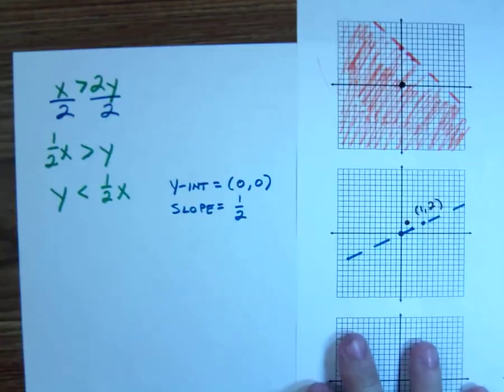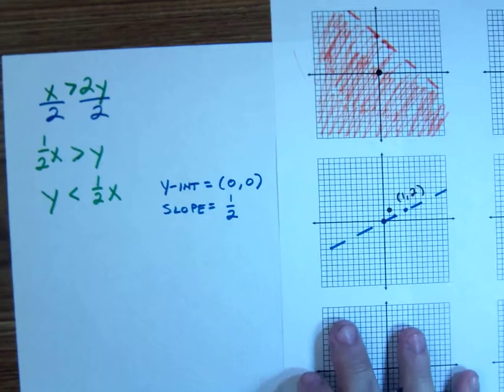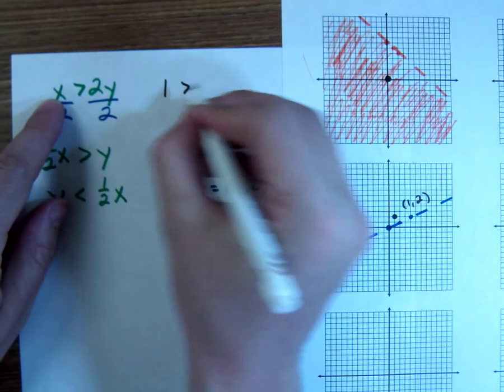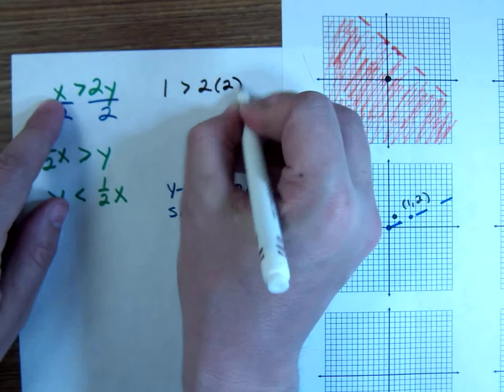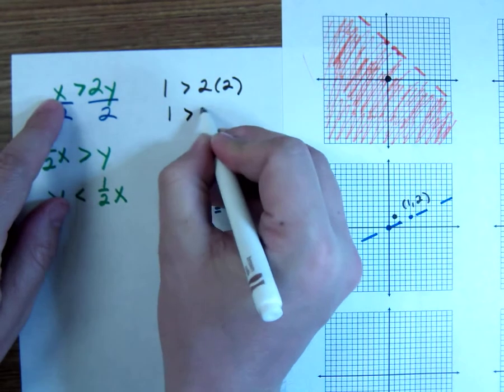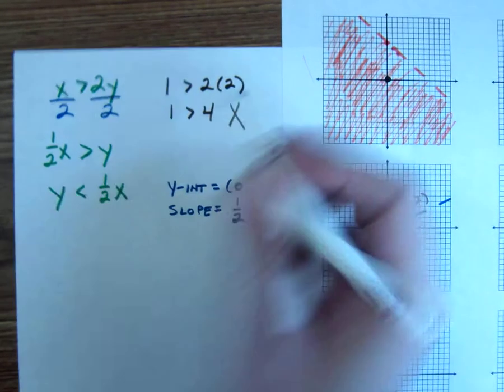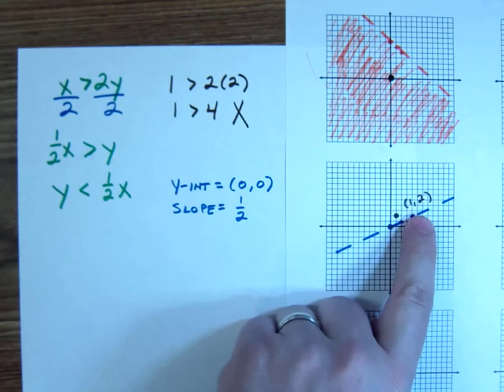So I'm going to test 1, 2 in this inequality. X is 1 and y is 2. So replace the x with 1, replace the y with 2. So 1 greater than 4. Is that true? Is 1 greater than 4? No, it's not. So 1, 2 is not one of my solutions.